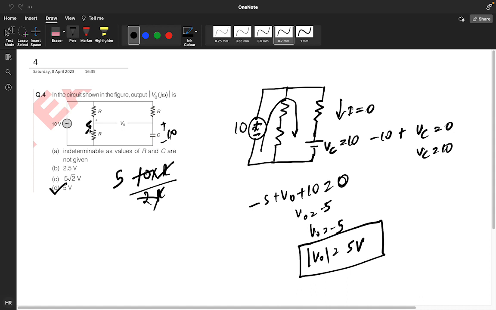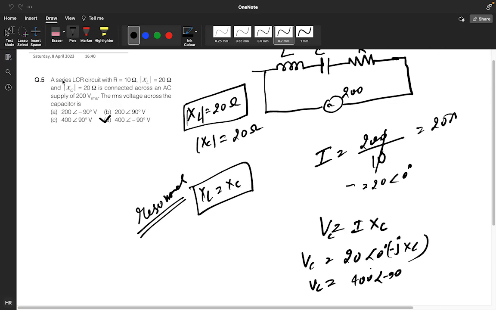Use the voltage divider rule. You will get 5 volt here, and 10 volt here. What is the difference? 5 minus 10 is minus 5. But they had asked in terms of magnitude, so the magnitude will be 5 only.